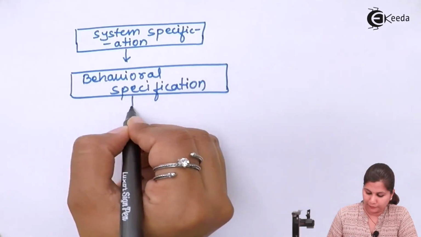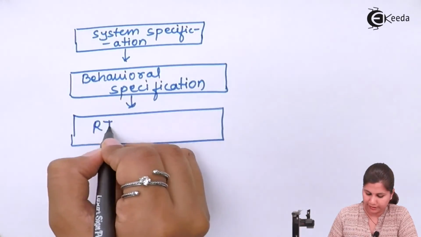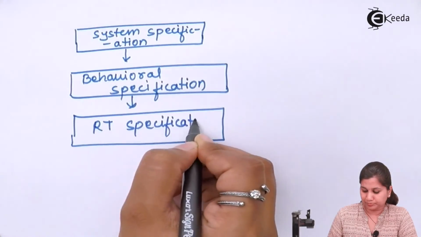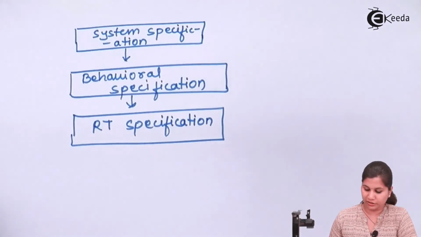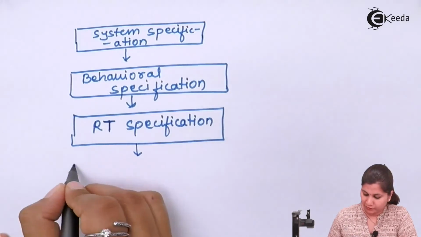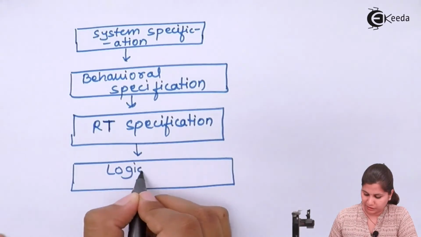After that, you have to give the register transfer specification, the RT specification. Embedded systems include transistors and registers, so you have to specify for them. After that, which logic you are using, so logic specification is there.